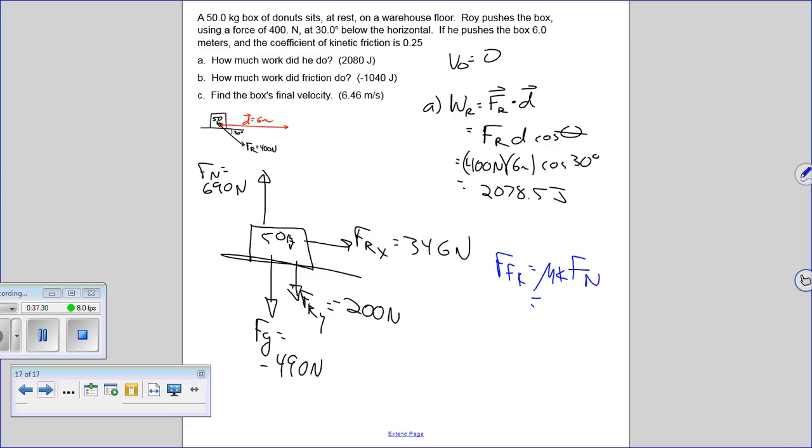So here's my normal force. Coefficient of kinetic friction is 0.25. So figure it out, and you get 172.5. So let's put that in our drawing.